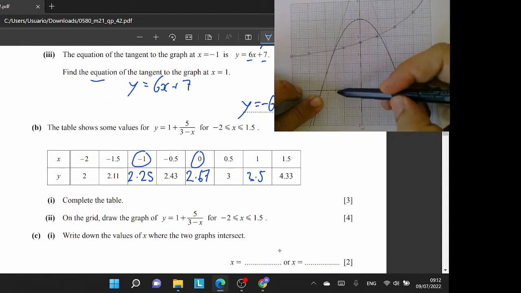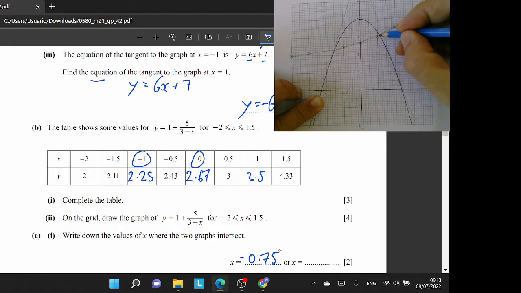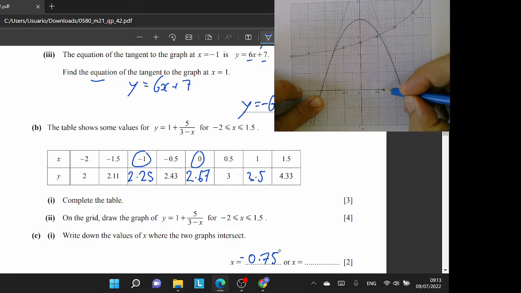So that's minus 0.75. And the other value over here. So this is 0.5. That would be 0.6. So roughly 0.55.